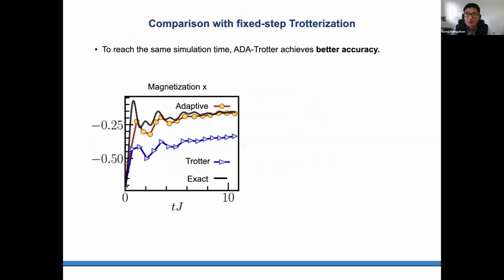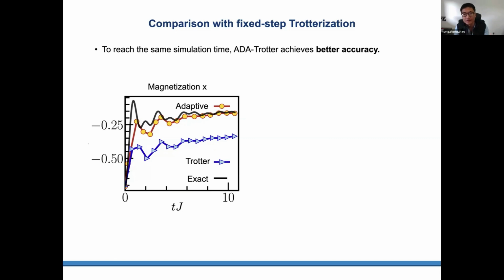Now I compare our simulation results with the conventional fixed step Trotterization method. There are many different ways that you can benchmark your algorithm, but here I want to reach the same simulation time, and I fix the total number of unitaries that you are allowed to use, and then I run the simulation.